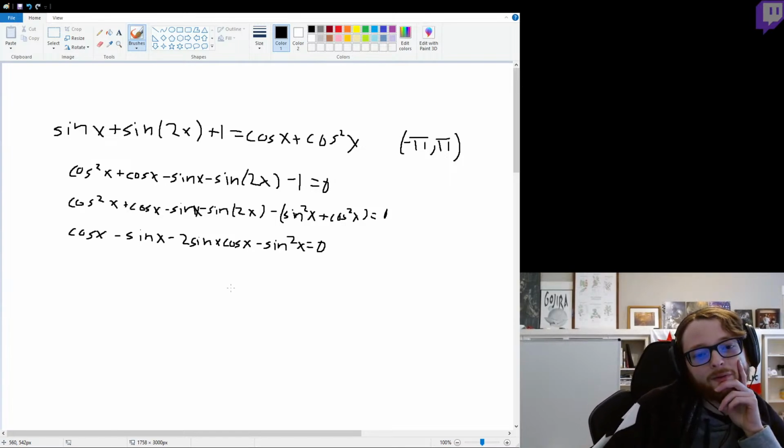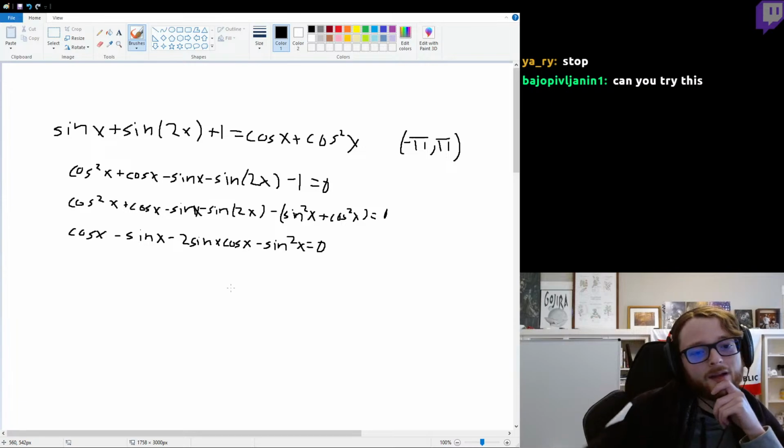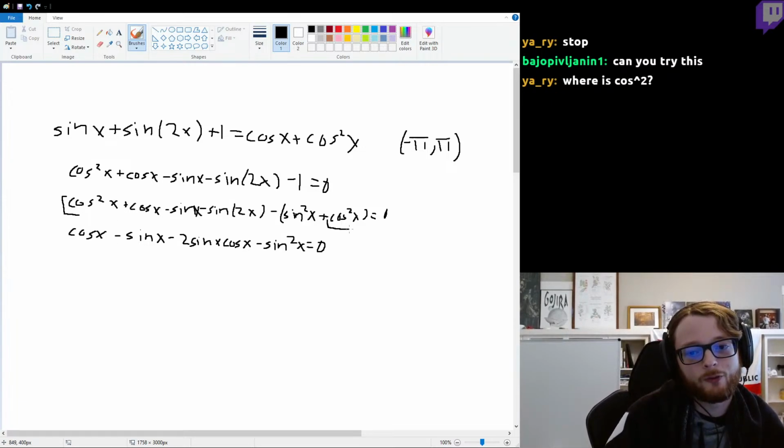I think we're at the same exact spot that we were at in one of the other attempts here. This is where we factored the sine out of everything and got a cotangent. We have the plus cosine squared here and the minus cosine squared here, so they add to 0.